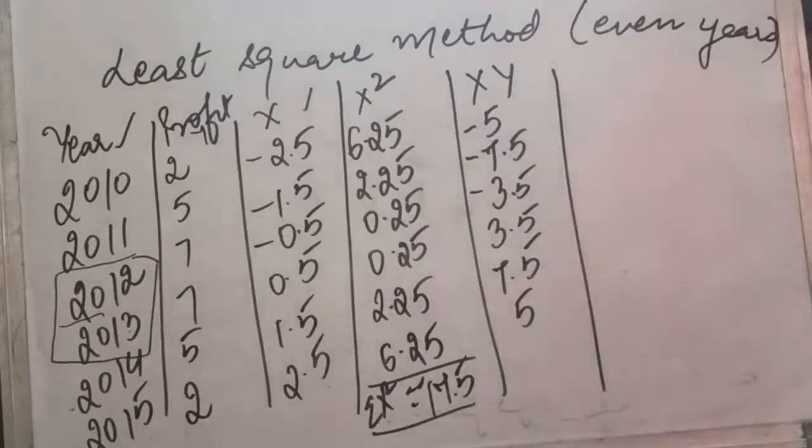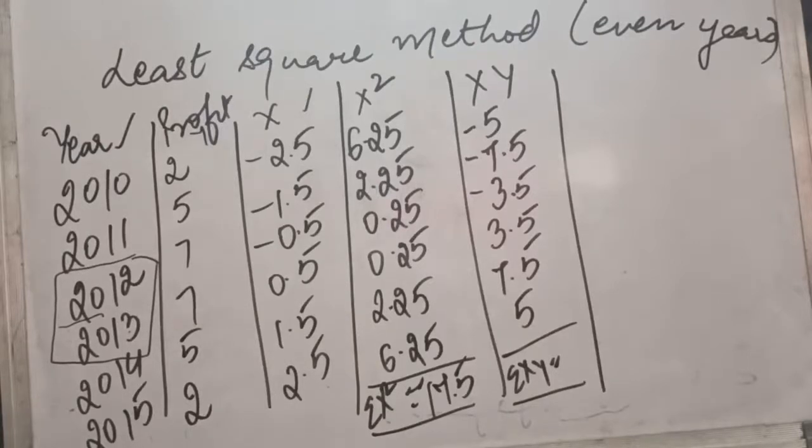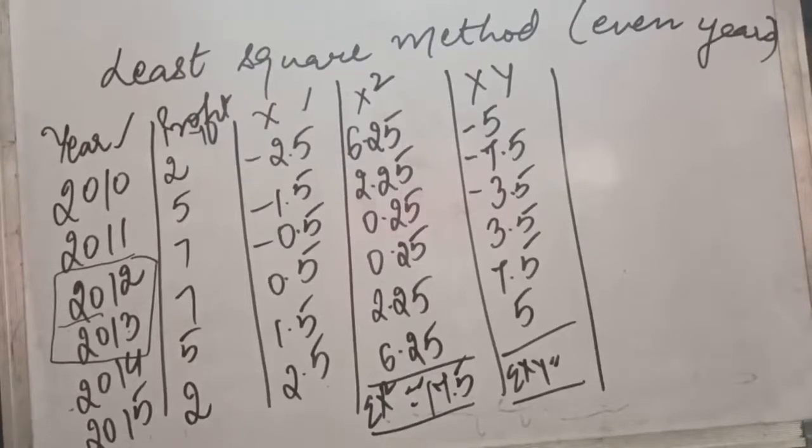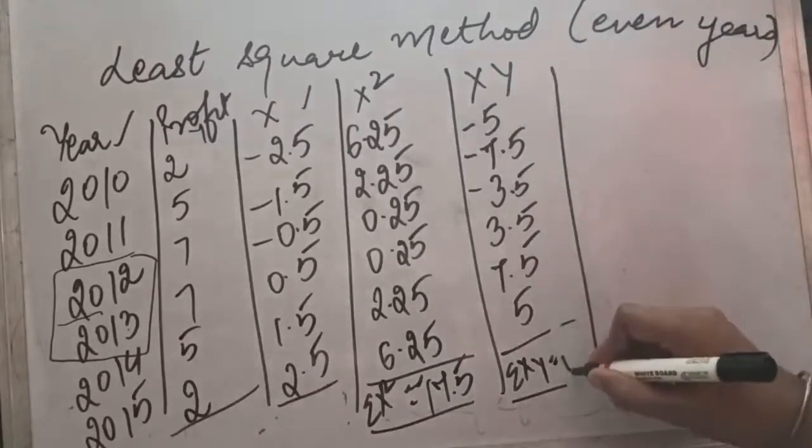So here we will be getting xy. Sigma xy comes out to be 0.